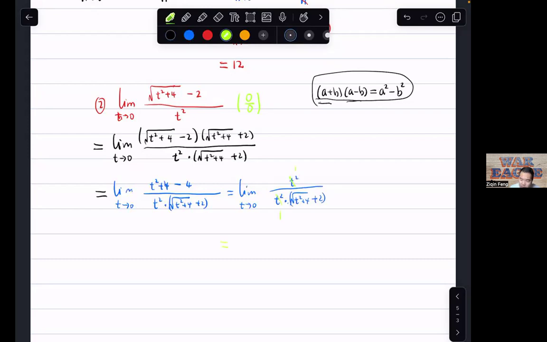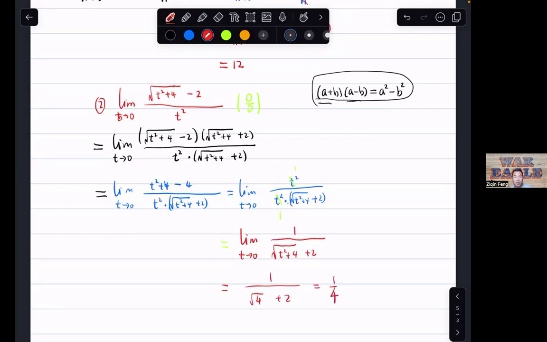So you get a good function, which means when you plug in 0, you don't have 0 anymore in the denominator. As t goes to 0, it is 1 over square root of t squared plus 4 plus 2. So for this new function, the domain is all real numbers. You can plug in 0 directly. So this is 1 over square root of 4 plus 2, which is 1 over 4.